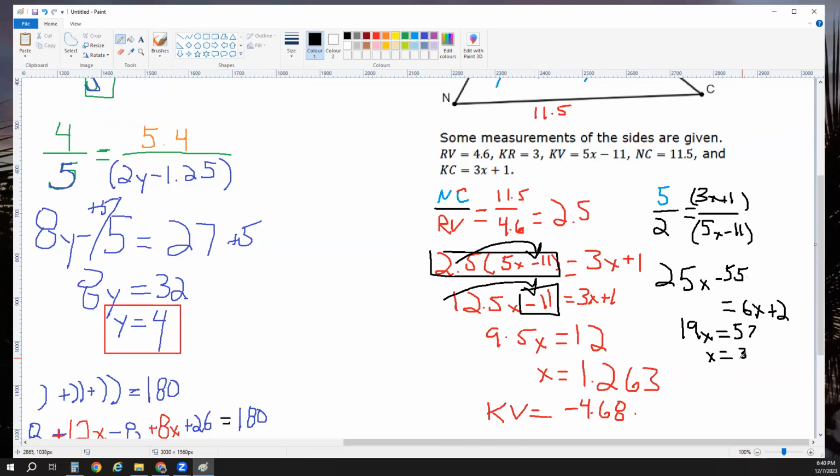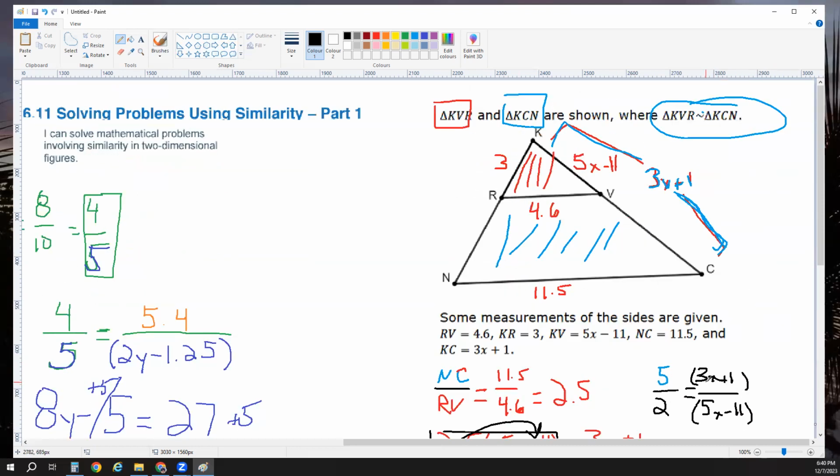X equals 3. All right, so I go here, 3 times 5, which is 15. This is now 15. It is minus 11. And now this is 4.